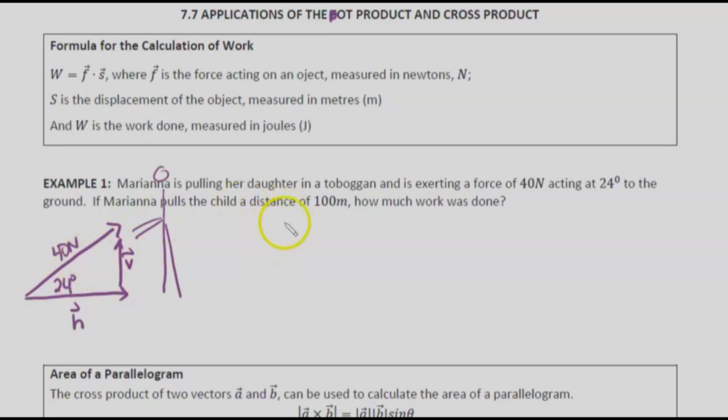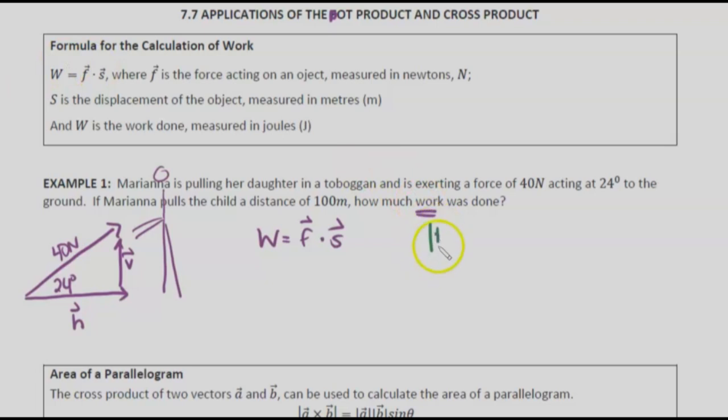If Mariana pulls the child a distance of 100 meters, how much work is done? When it asks us for work, it's W equals vector F dot vector S. What we want to do first is get the horizontal component.